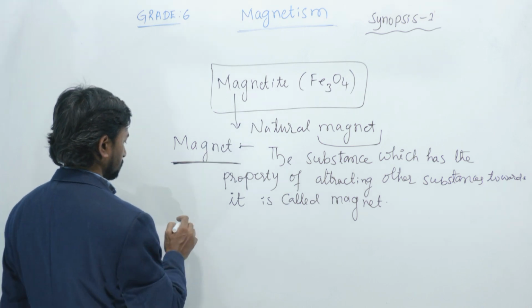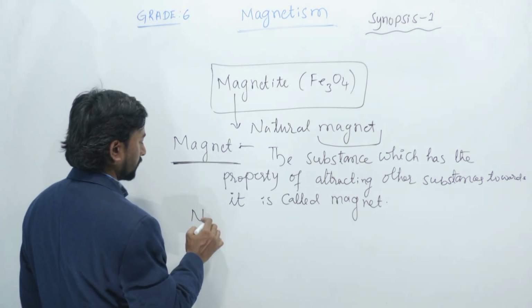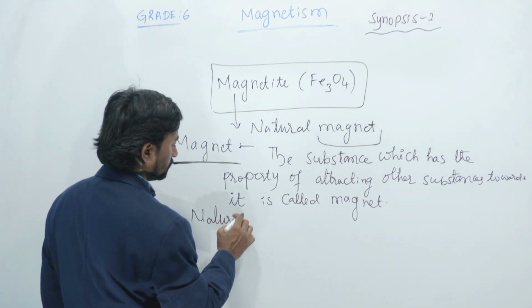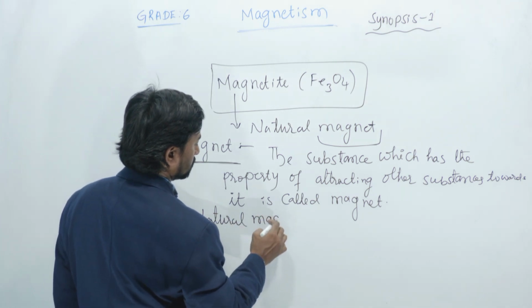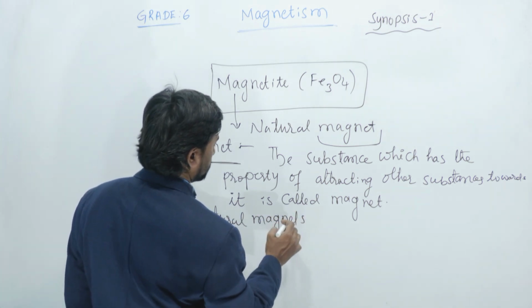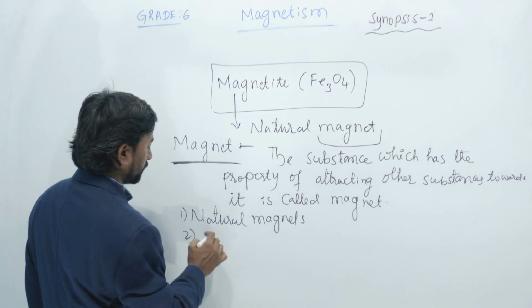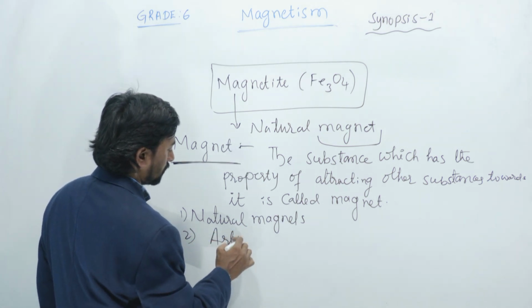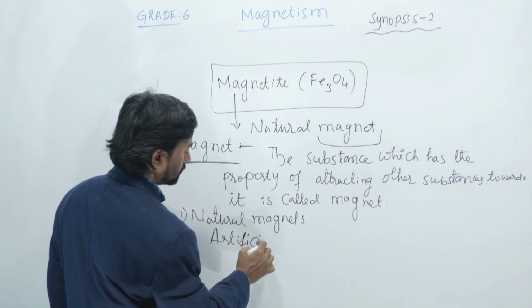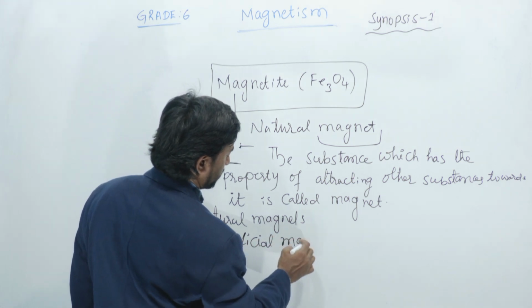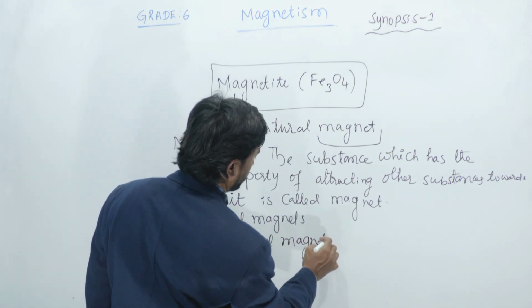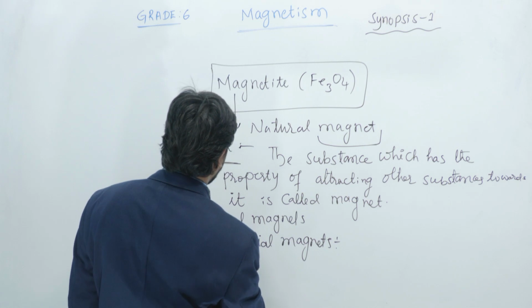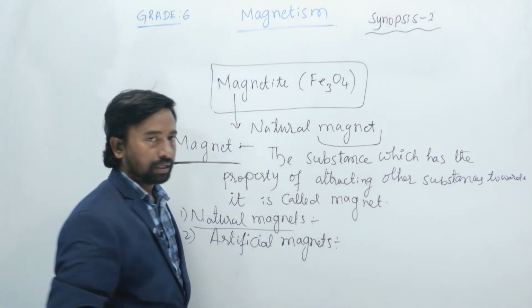There are two types of magnets: natural magnets and artificial magnets. Artificial magnets are man-made magnets, and natural magnets are naturally available materials.